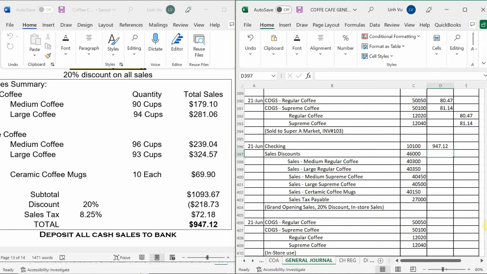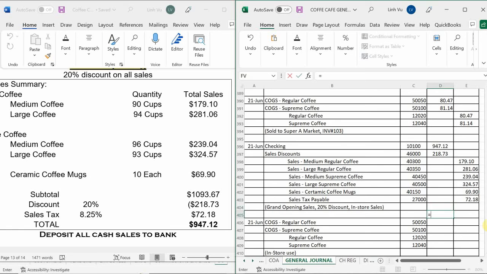Okay. And then we gave discount 218.73. And for regular medium, we have 179.10. And next 281.06. And next 239.04. And 324.57. And mug is 69.90. And collected 72.18 sales tax.